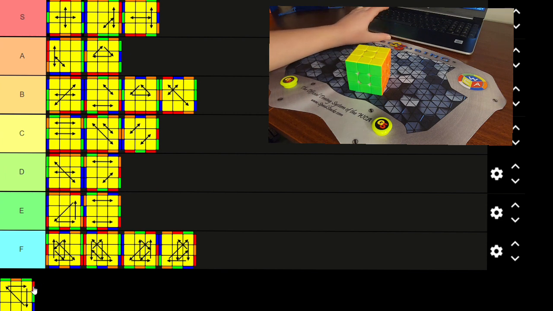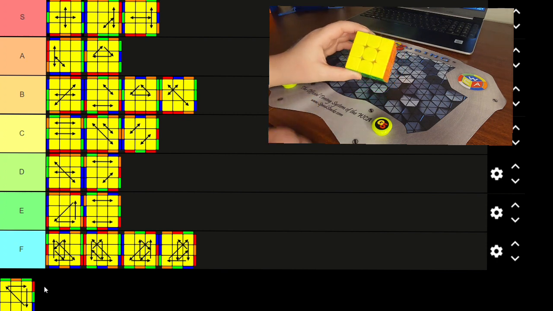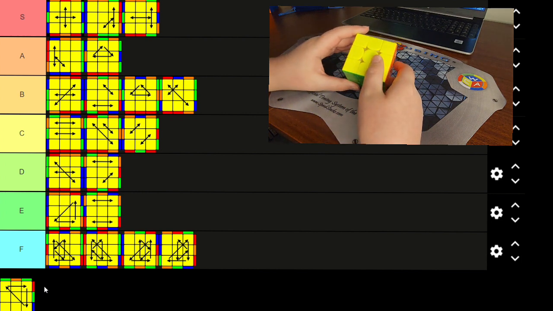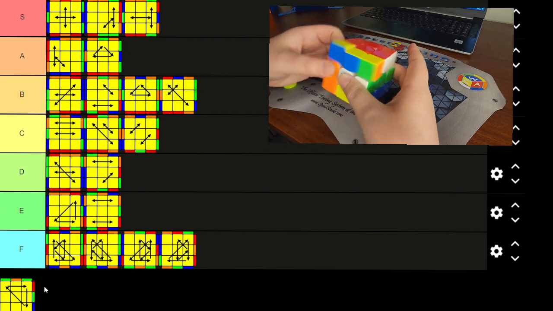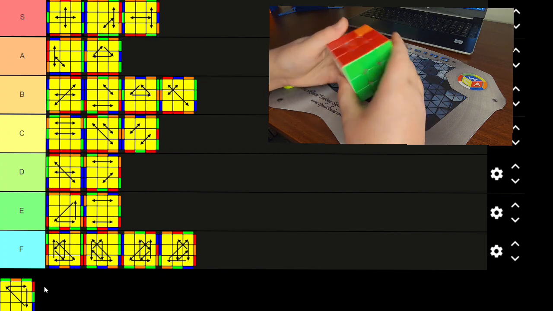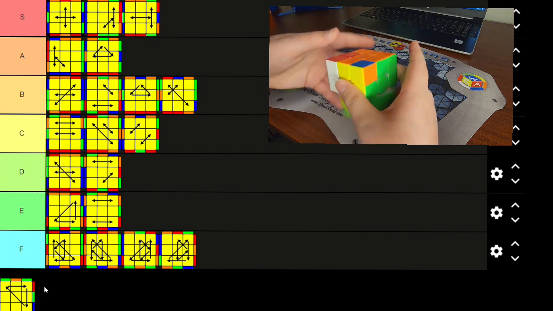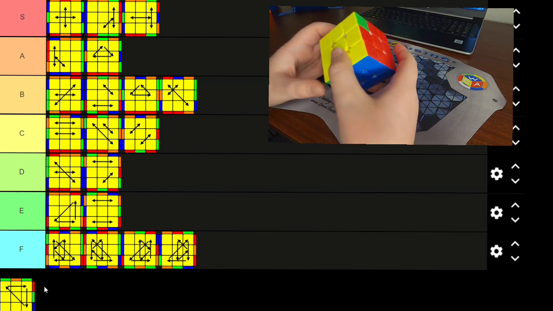Okay, on to the last one. An A, B perm, I believe. So, I think I can do this one. Wait, one second. Okay, yeah, so it would be like, oh dang it, that was the wrong algorithm. What the heck?